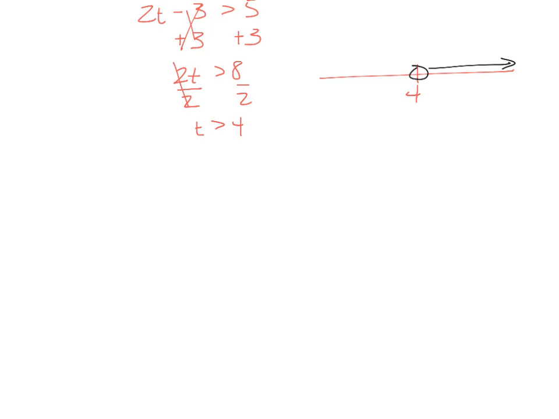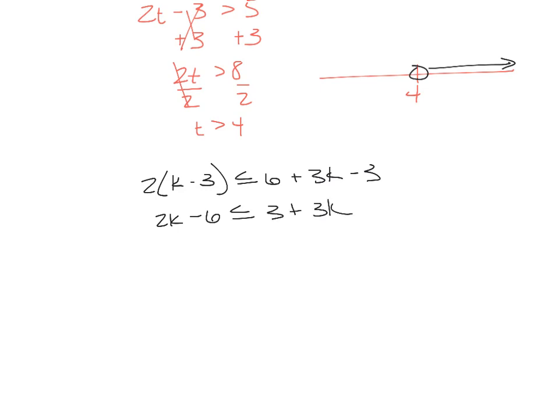The next one we have 2 parentheses k minus 3 is less than or equal to 6 plus 3k minus 3. So we get 2k minus 6 when we distribute is less than or equal to, combine 6 and minus 3 and you get 3 plus 3k. Subtract 3k from each side. These cancel and you get negative k minus 6 is less than or equal to 3.